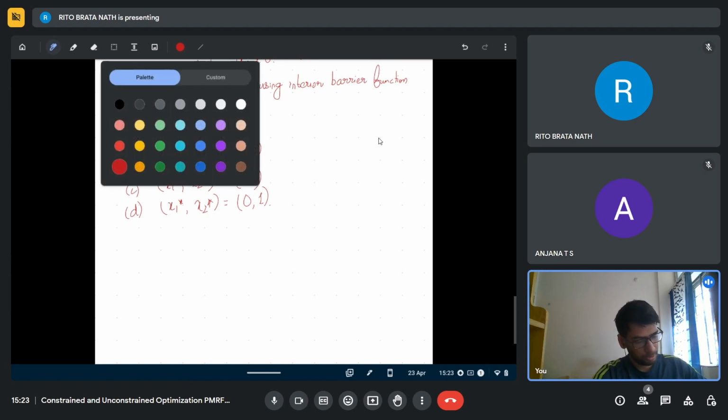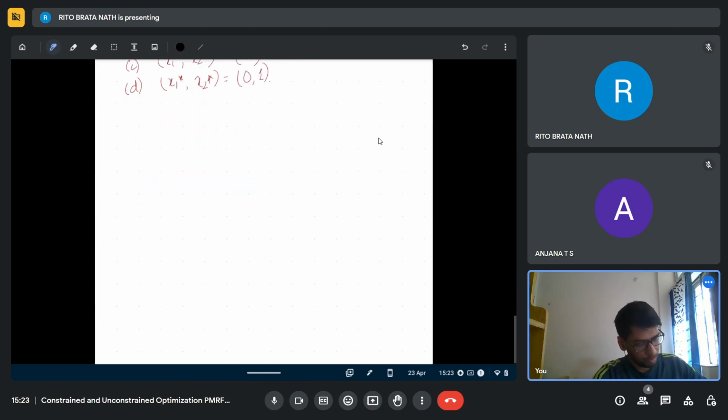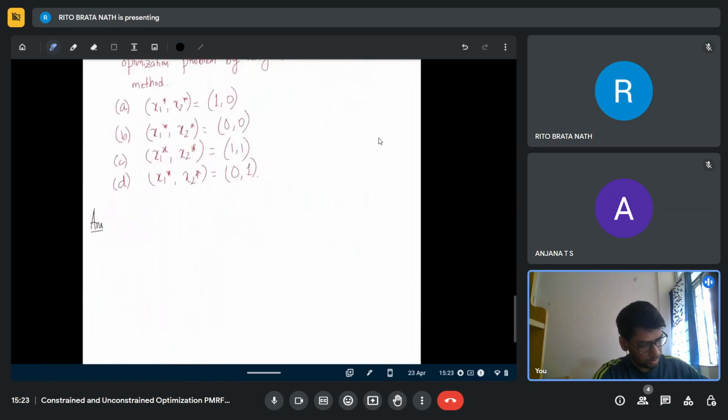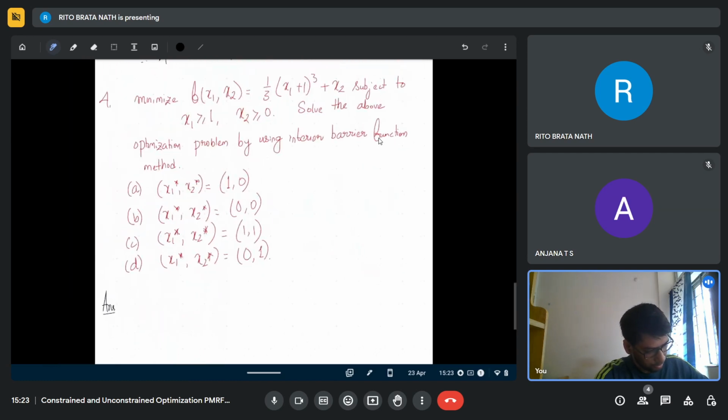Okay, so now let me solve this problem. For this, again, what I can do is write down the initial statement, which is minimize f(x1, x2) equals 1/3 (x1 plus 1) whole cube plus x2.